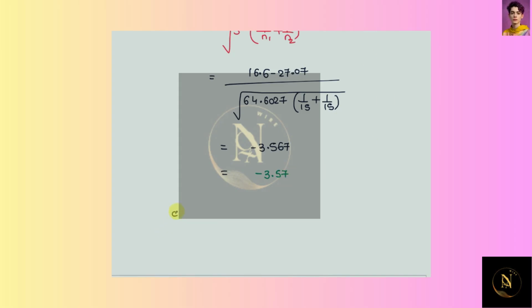The degrees of freedom for the t-test is n1 plus n2 minus 2, which is 15 plus 15 minus 2, equal to 28.